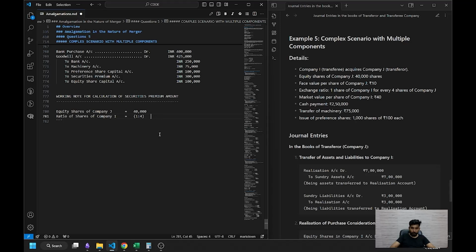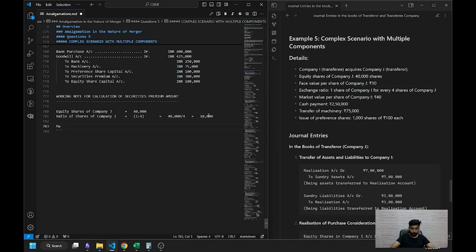That is 40,000 divided by 10, divided by 4. That is 10,000.